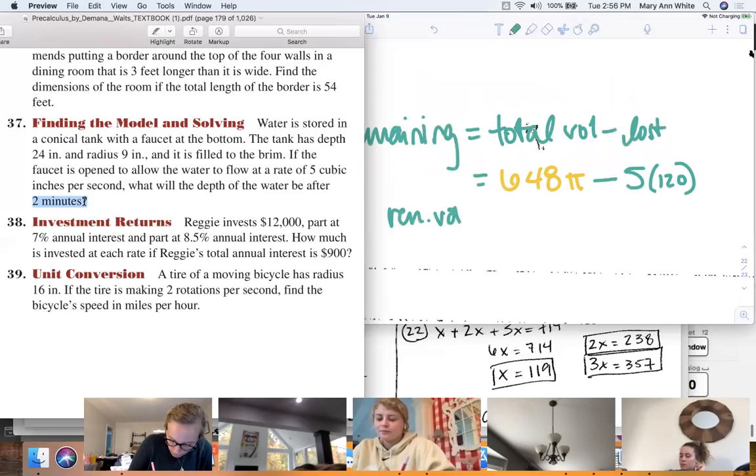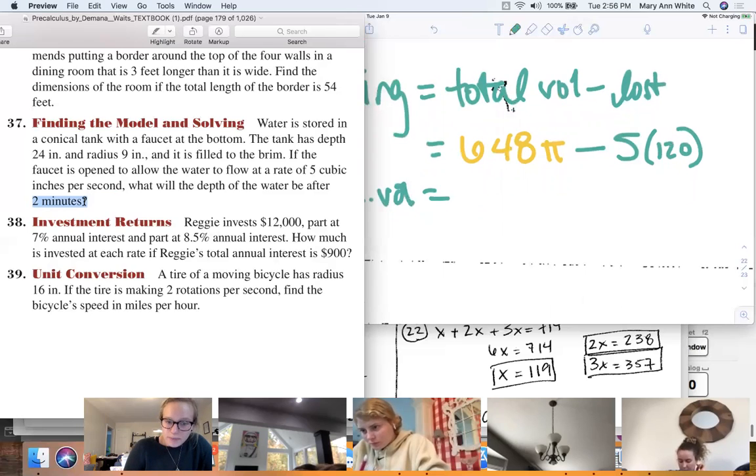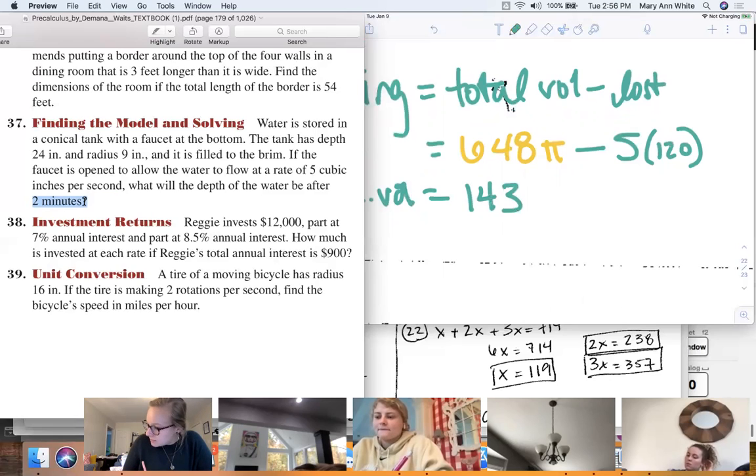I'm going to hope that you trust me to throw that in the calculator. I did 5 times 120, and then I did my total volume minus that number, and I got 1435.75.